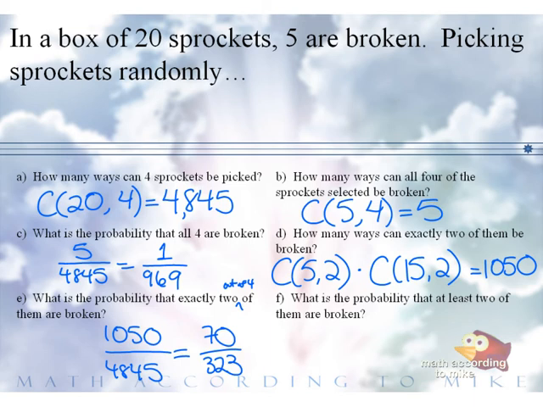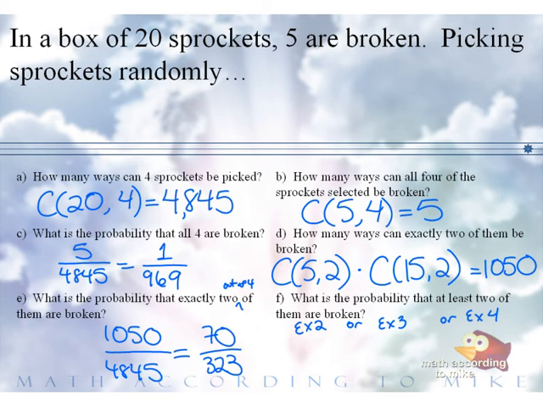At least 2 means exactly 2 of them are broken, or exactly 3, or exactly 4. Why do we stop at 4? We're only picking 4. At least means greater than or equal to 2.